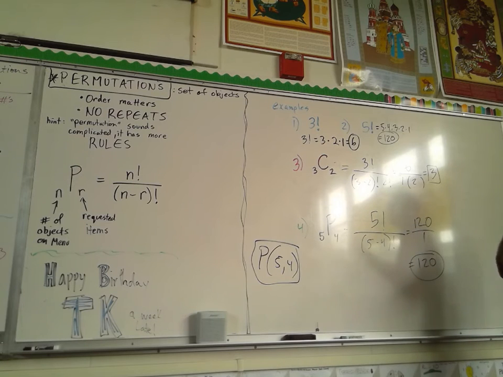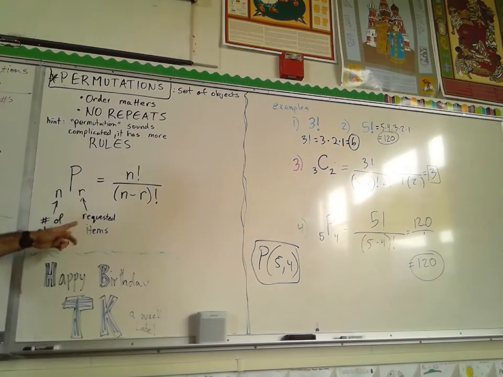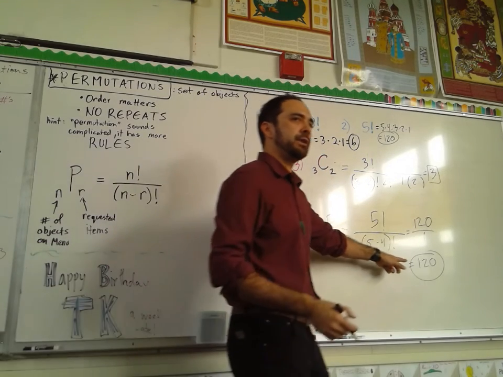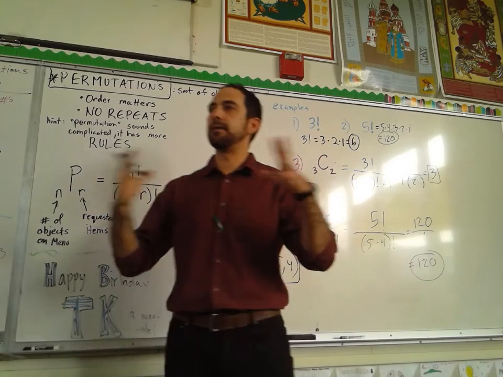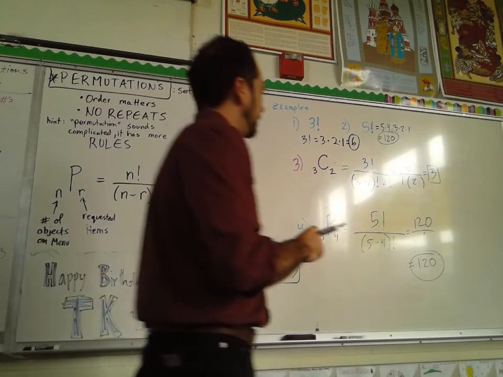Now let me just bring it all together. What this is saying is that given there are 5 items on the menu, and I'm going to request 4 items, there are 120 different permutations you can have of those items. Ways that you can split it up and make different permutations.